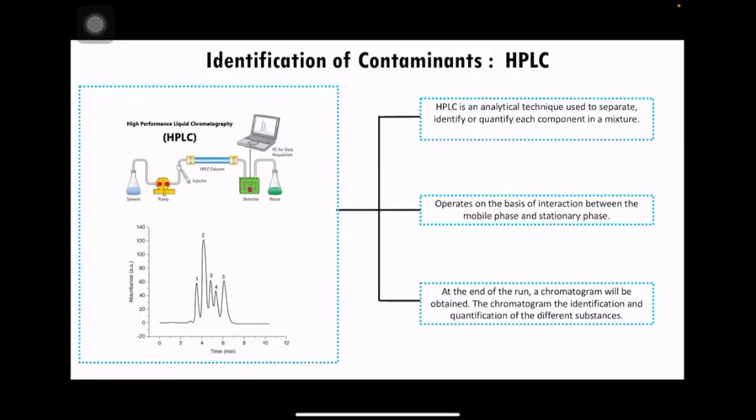At the end of the run of HPLC, a chromatogram will be obtained. The chromatogram will tell us information about the identification and also quantification of different substances. So this will also tell us what types of contaminants are present in the polluted river water.